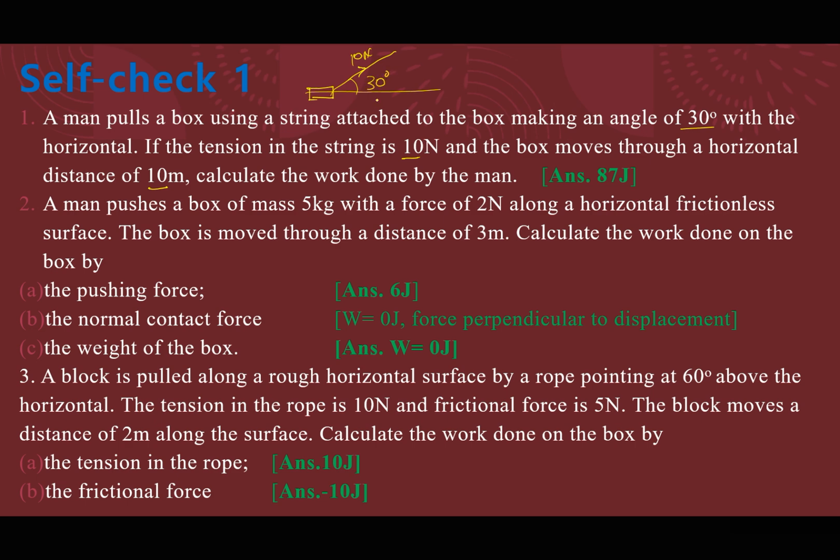And then they say the distance here is 10 meters. So we have to resolve the force in the direction of the displacement. So it means the work done is simply going to be equal to 10 cos of 30, that is the force, then times 10. So I'll say 100 cos of 30, that is 87.